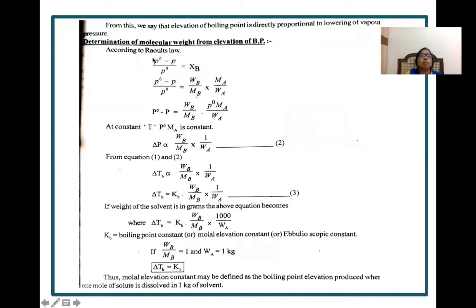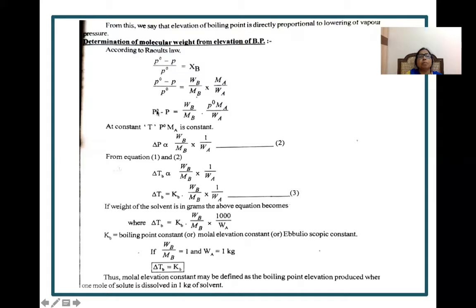Determination of molecular weight from elevation of boiling point. According to Raoult's law, P0 minus P by P0 is equal to XB, that is the mole fraction of solute. So P0 minus P by P0 is equal to weight of the solute by molecular weight of the solute into molecular weight of the solvent by weight of the solvent.